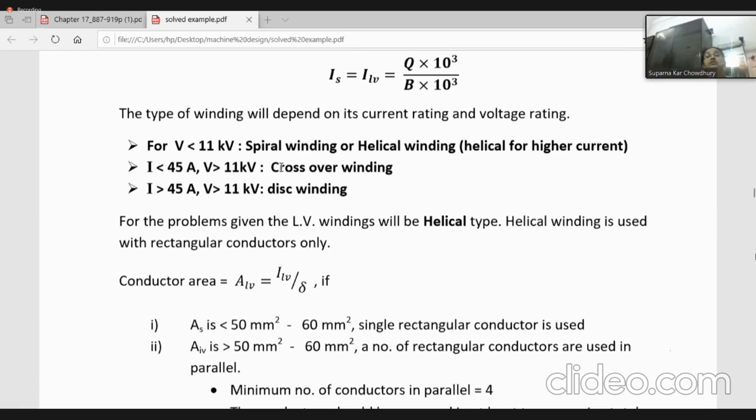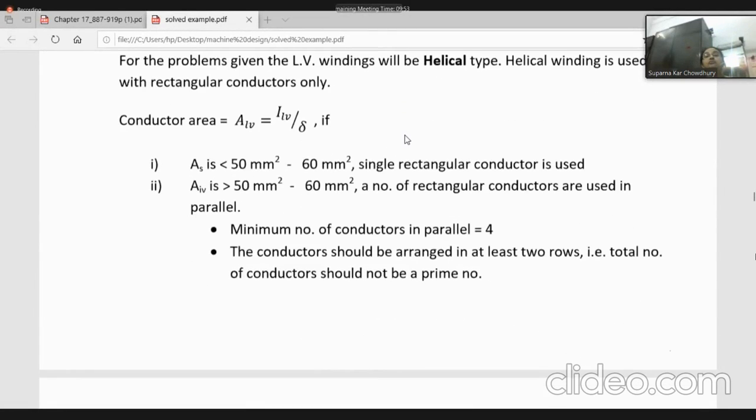In crossover winding, current is small, so we go for circular conductor. For disc winding, it is again rectangular. So whatever rating I have given for the low voltage side, all of you will have this helical type of winding. So conductor area will be current divided by the current density, 3 amp per millimeter square.